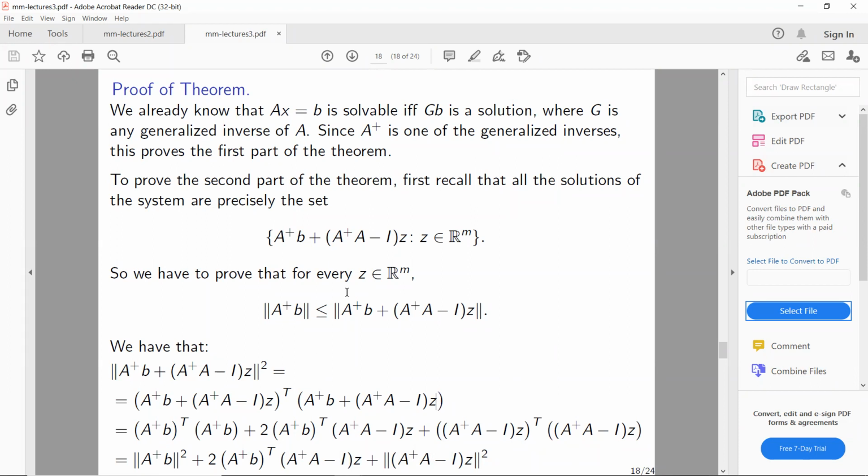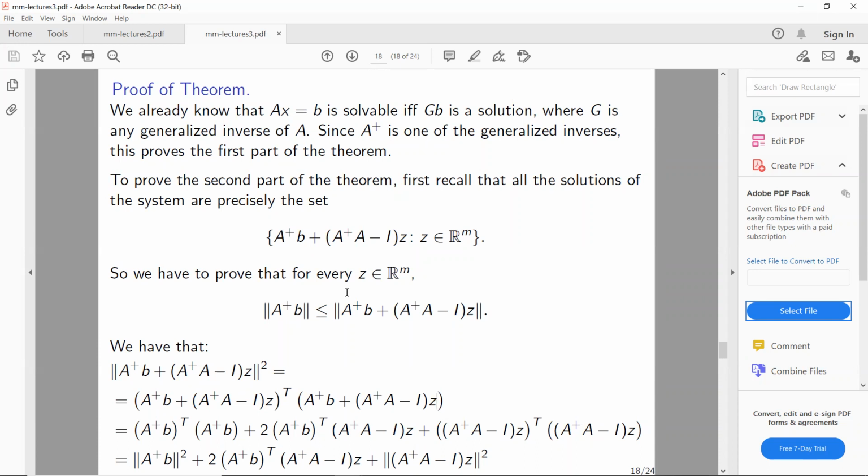In fact, in the third line, I already did all the computations. I transpose A plus B, and then I transpose the second part, A plus A minus identity Z transpose. In the first bracket I have two row vectors, and in the second bracket I have two column vectors.